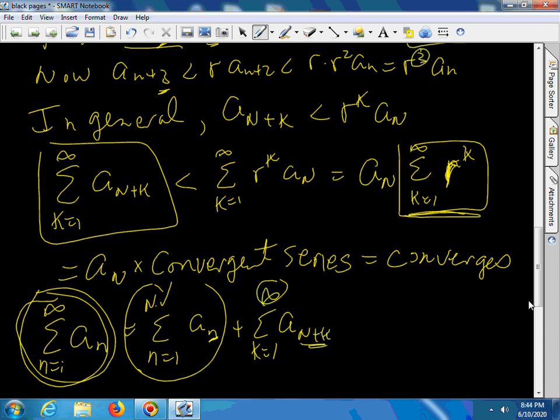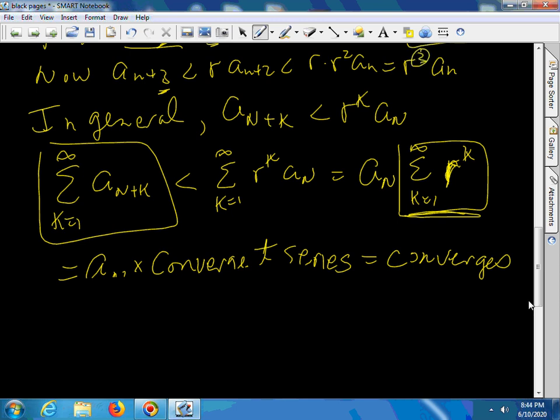This always converges. You're just adding up capital N positive integers. It's going to add up to a finite value. And this also converges. So the whole thing converges. And that completes part A.